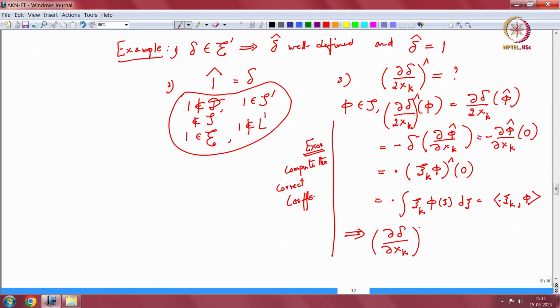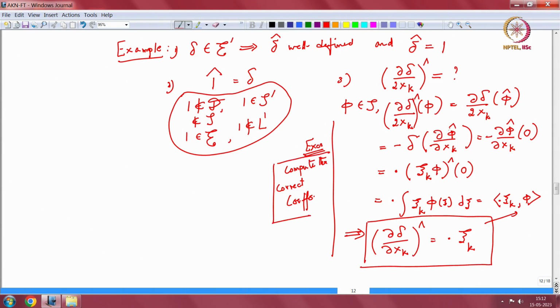Its Fourier transform is nothing but that constant times psi k. It is precisely the same rules as when you differentiate. Coefficient, as I said, whatever definition you are using, you write down correctly here that coefficient.